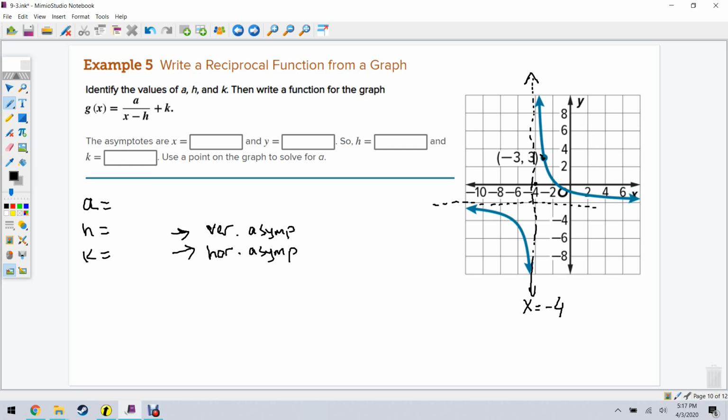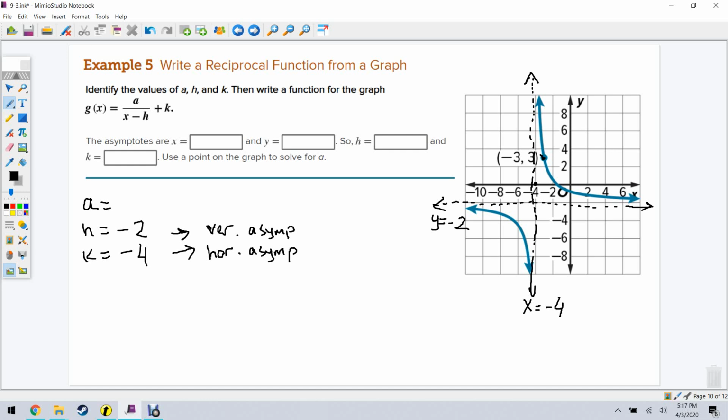The horizontal asymptote here is going to be y equal to -2 right here, because I can tell the curves are getting close to -2 in these two branches.